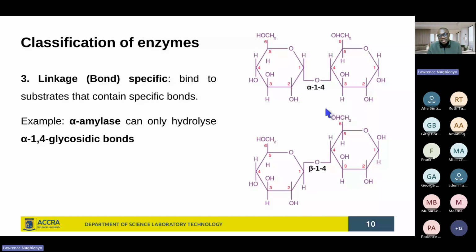But it has a symbiotic relationship with a microorganism in the hind gut of these termites, trichonympha, and trichonympha has the enzyme cellulase, and that cellulase can break down the beta 1,4 glycosidic bonds.